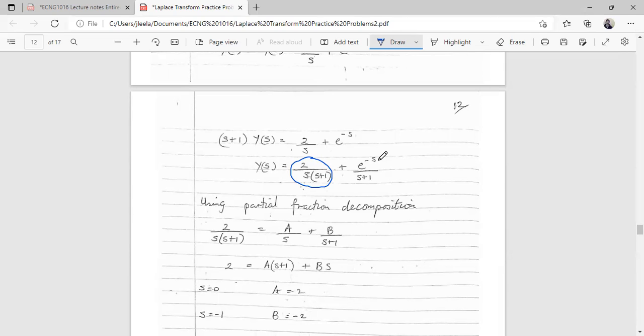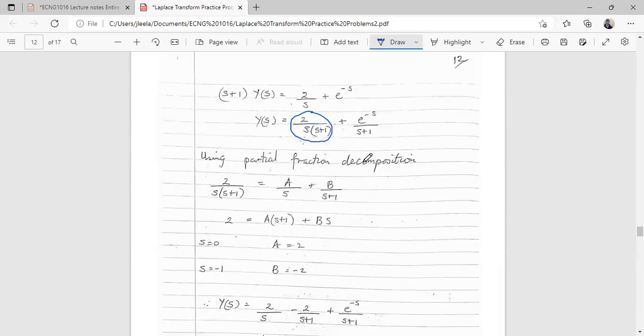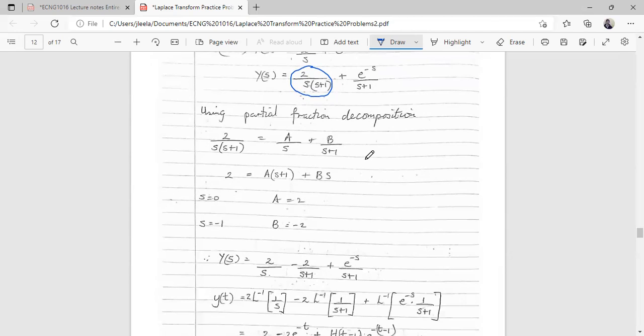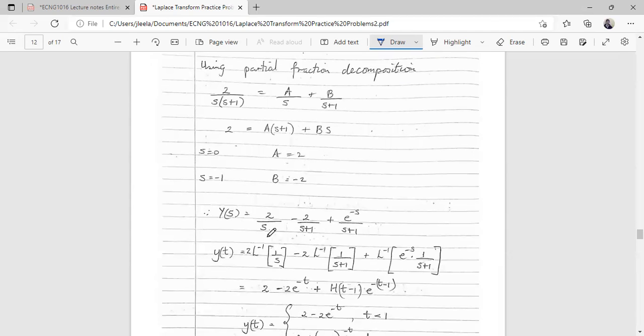And if we put s equals 0, right, we have A equal to 2. If we put s equal to minus 1, we have minus B is 2, which means B will be minus 2. So therefore, Y(s) becomes 2 over s minus 2 over s plus 1 plus e to the minus s over s plus 1.